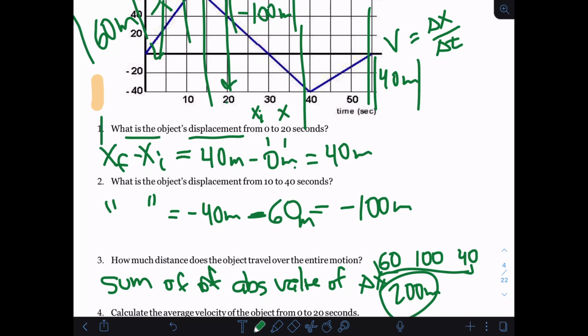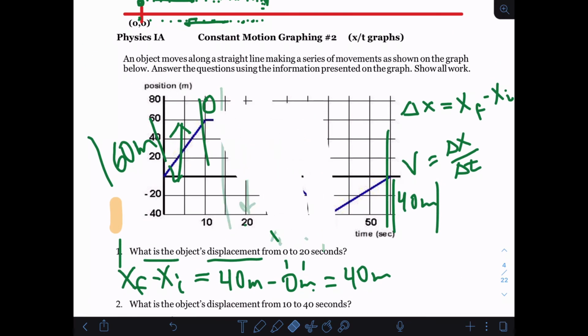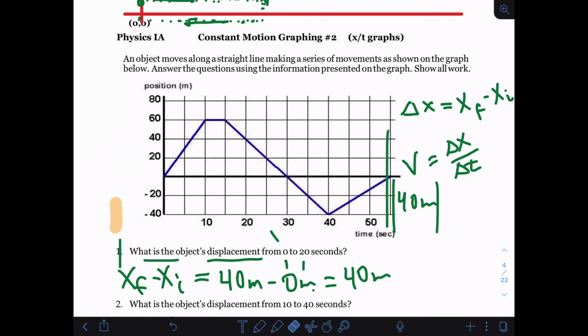If, in contrast, I said, hey, what is the displacement of the entire motion? Let's take a look at that. Displacement is easy. Displacement is just, where are you ending, where are you starting, what's the answer? Well, entire motion means we start at 0 seconds, and then the final displacement is where we end up.